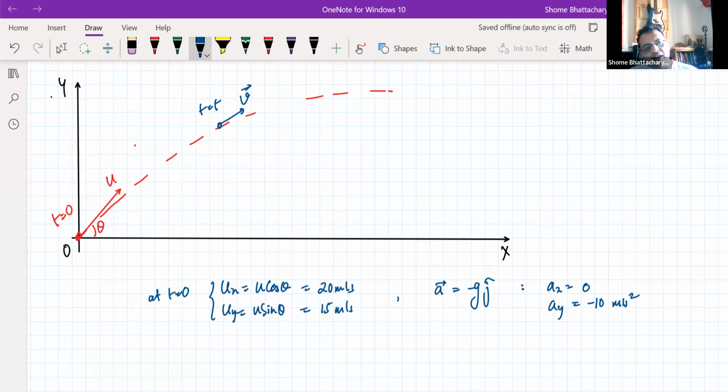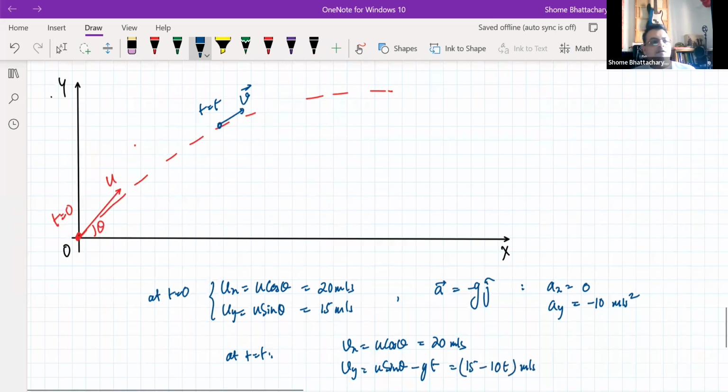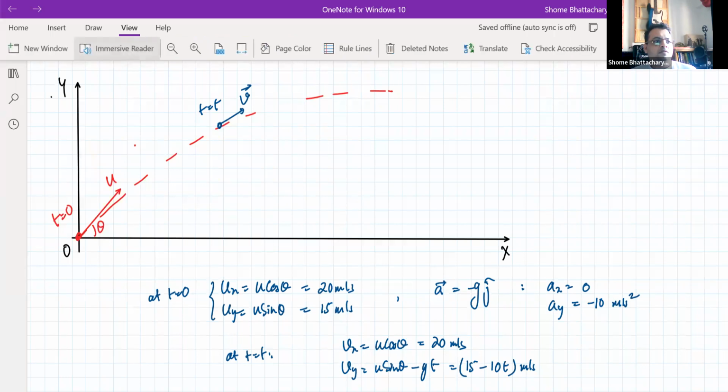So you can see that at some general time t, the horizontal component of velocity remains conserved. But the vertical component of velocity becomes like this. So this is the main thing now.